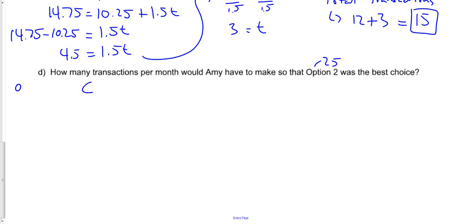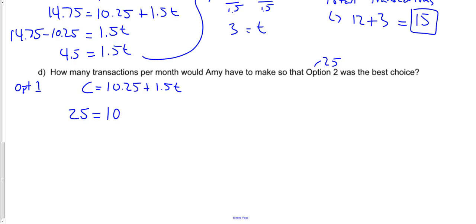We know that with option 1, the formula is C is equal to 10.25 plus 1.5T.